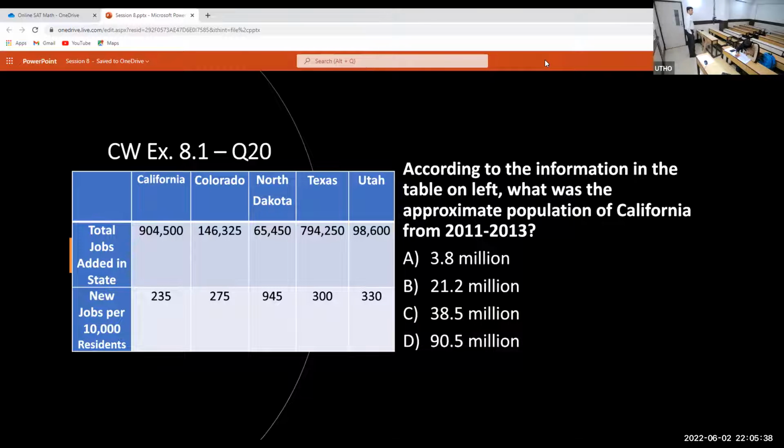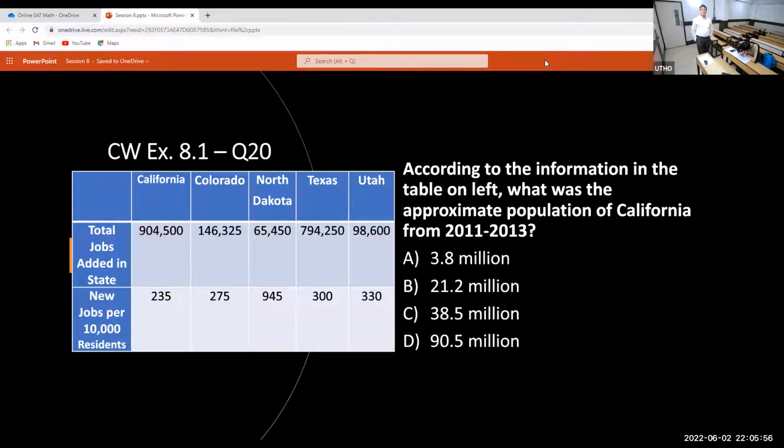That's the table heading. Then you have 5 states: California, Colorado, North Dakota, Texas, Utah. Then there are 2 rows: total jobs added in state from 2011 to 2013, and new jobs per 10,000 residents.